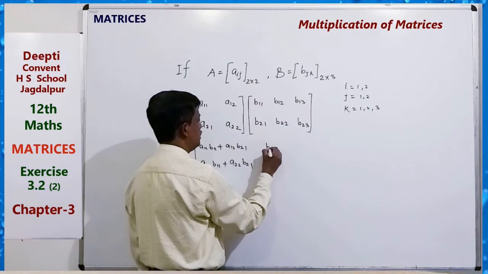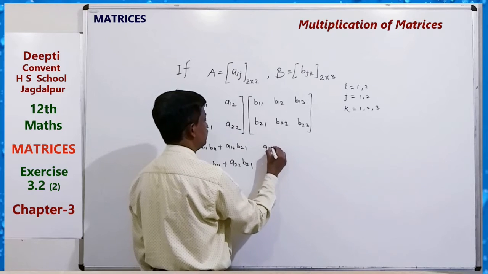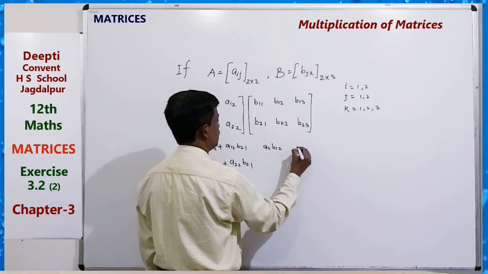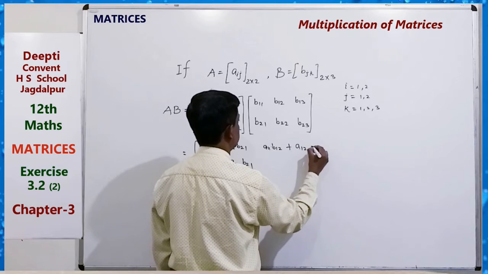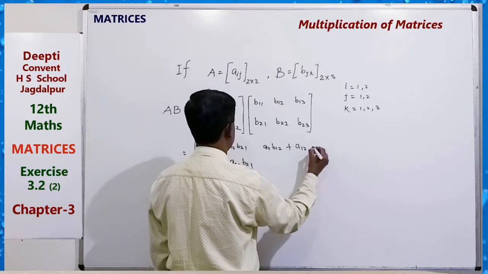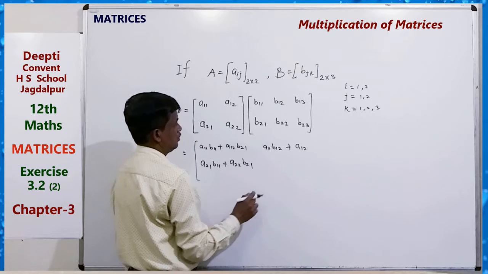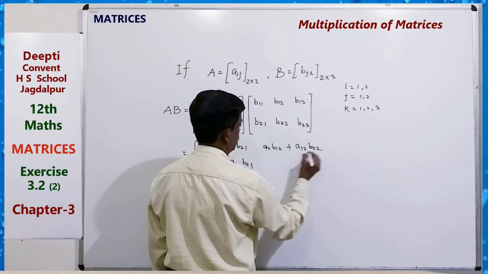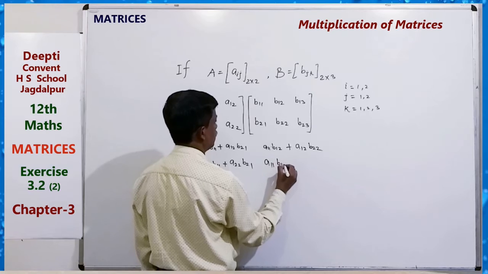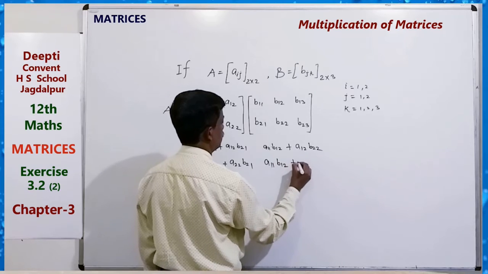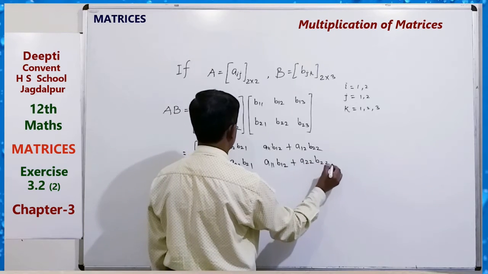So here, the first element is A11 B12 plus A12 B22, and A21 B12 plus A22 B22.